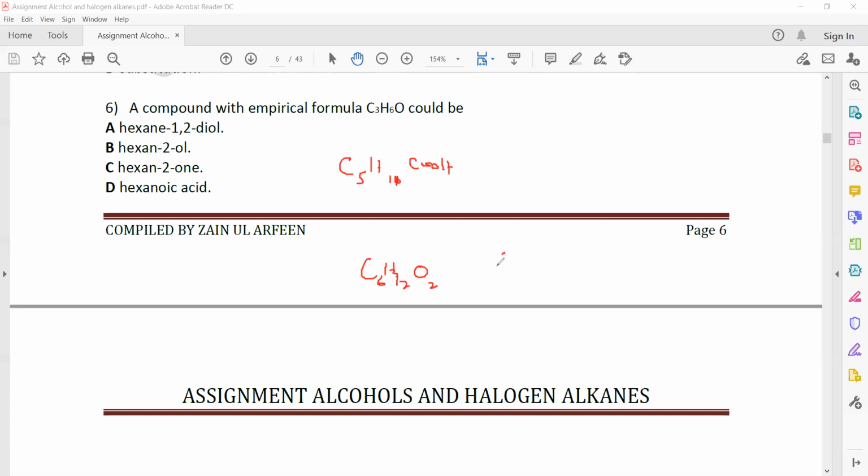When we take the simplest ratio between the atoms present in the structure, it is C3H6O. So that matches with hexanoic acid. When you draw the structure of hexane-1,2-diol, hexan-2-ol or hexan-2-one, the ketone, you will find that it is different.